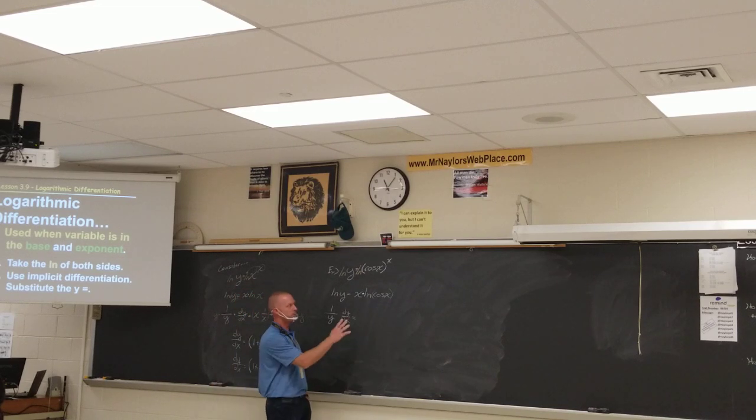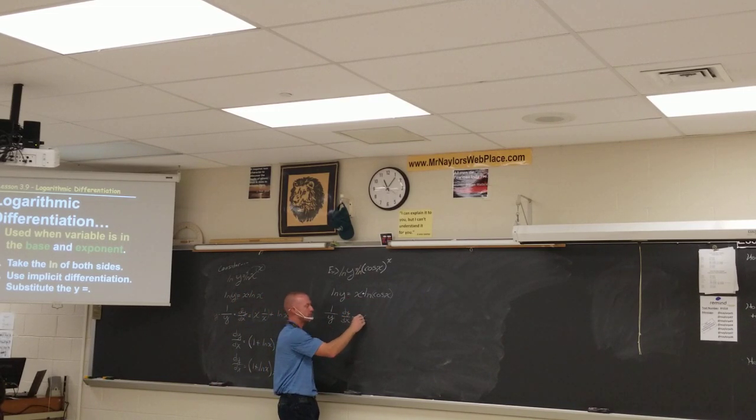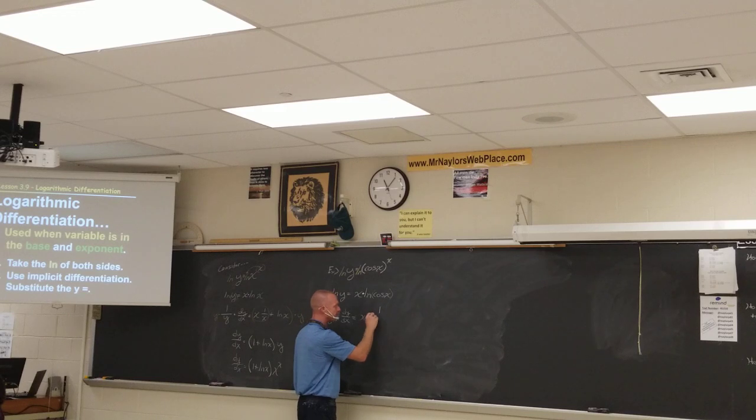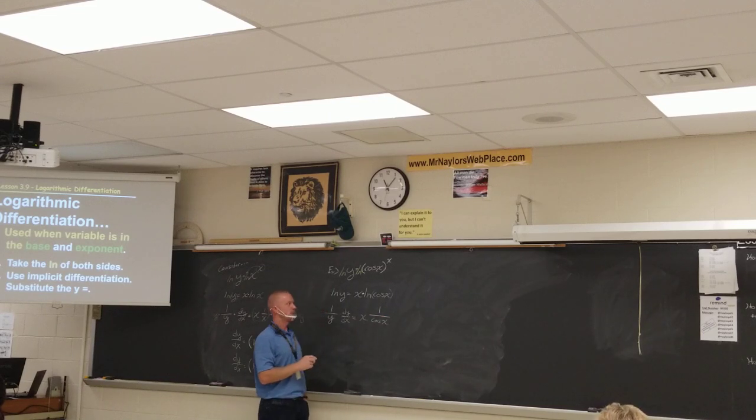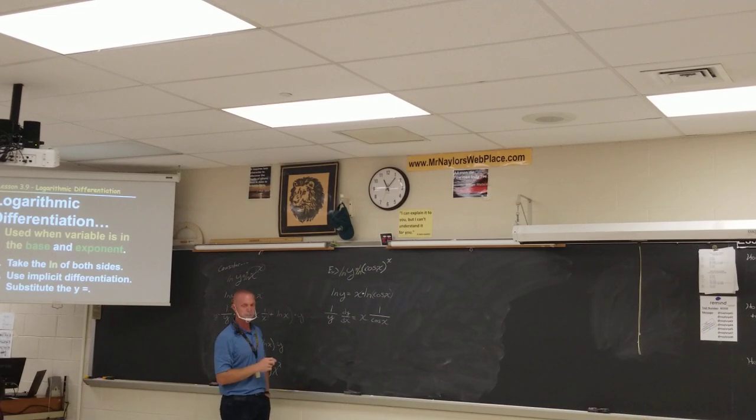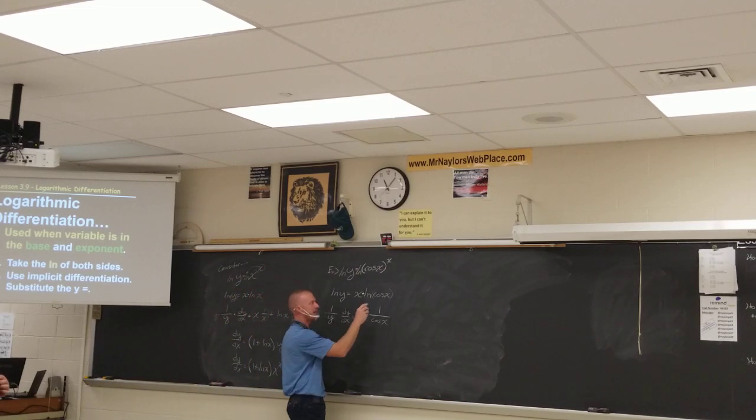This is an interesting derivative. How did you do? Did you try the product rule? Did you do first times the derivative of the second? The derivative of the second is going to be another 1 over. Okay, so it's 1 over the inside left alone. Now that would be like the derivative of the outside with the inside left alone. But I need to finish by doing the derivative of the inside.